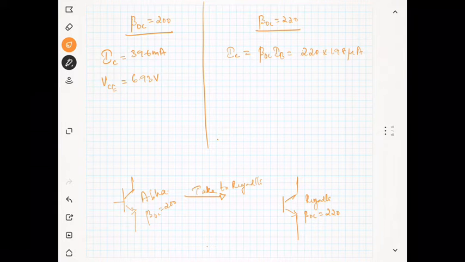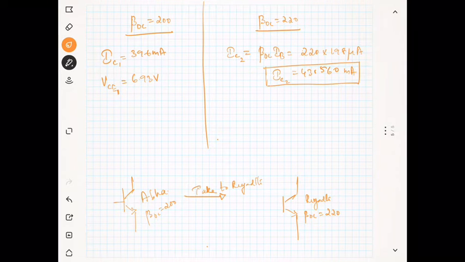Okay, so it becomes 43.560. The old IC I will call IC1 and this is VCE1, my old values. So the new IC, that is IC2, is 43.56 milliampere. So you can see the IC has increased.